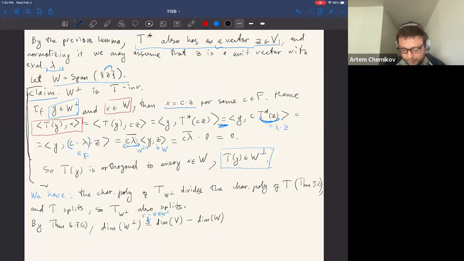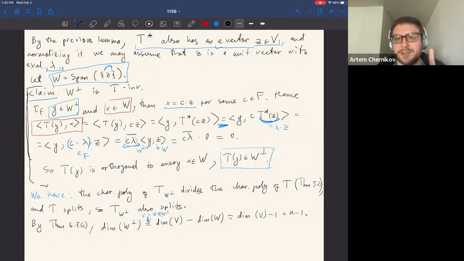Then to determine the dimension of W perp, I just subtract. So this is the dimension of V minus 1, because W is generated by a single vector, W is the span of Z. So this is N minus 1, right? The dimension of V is N.